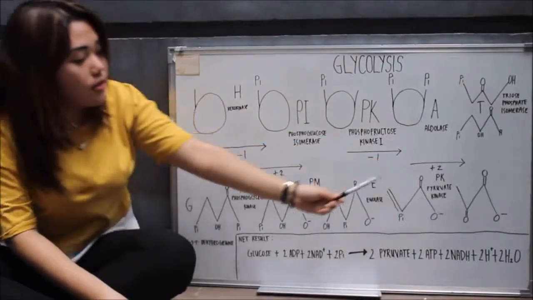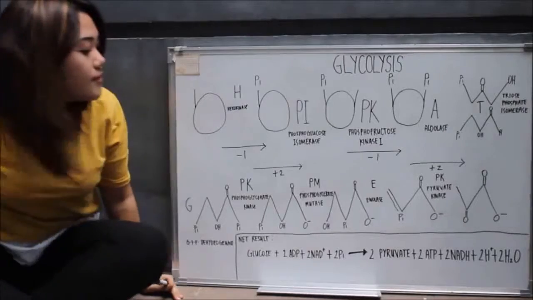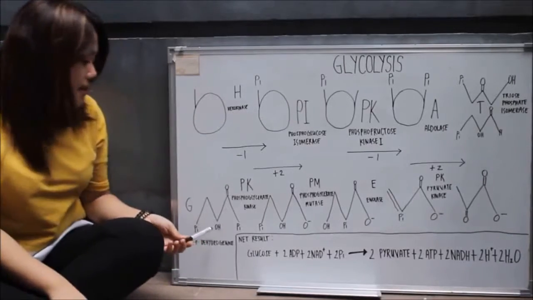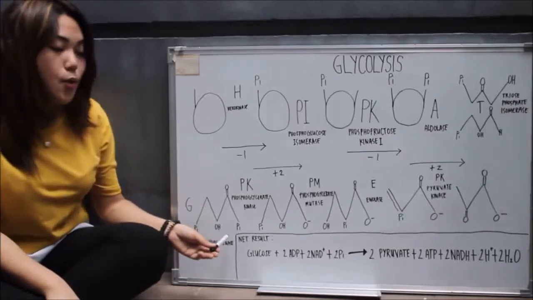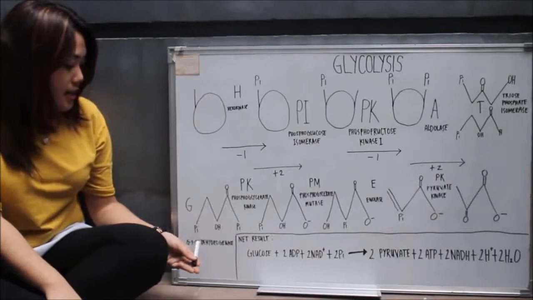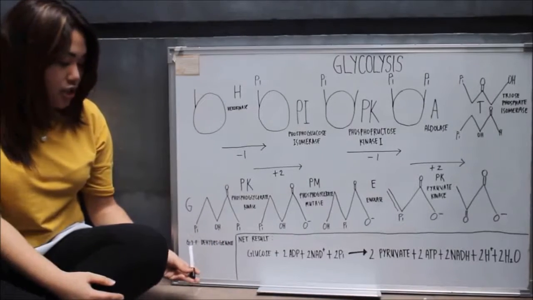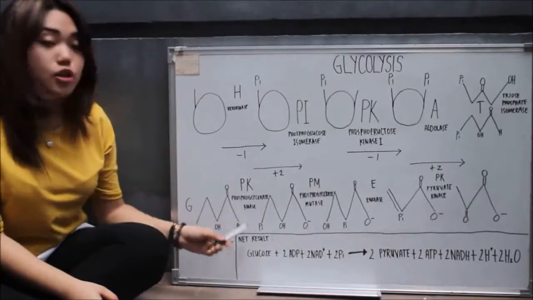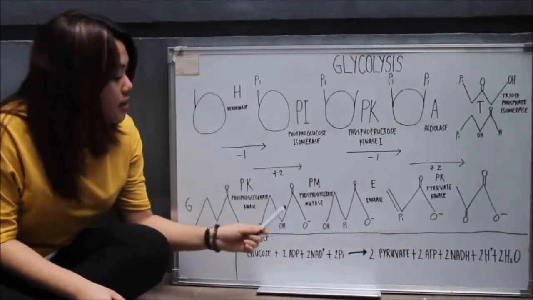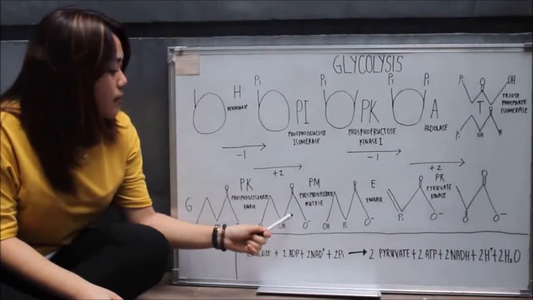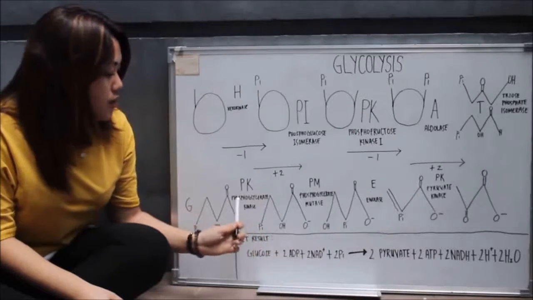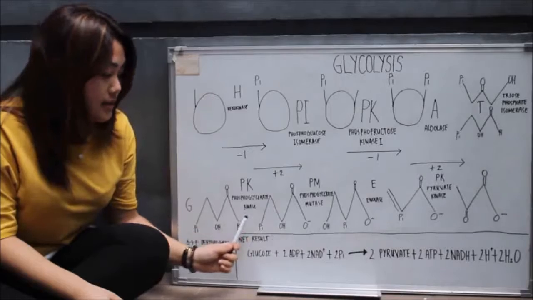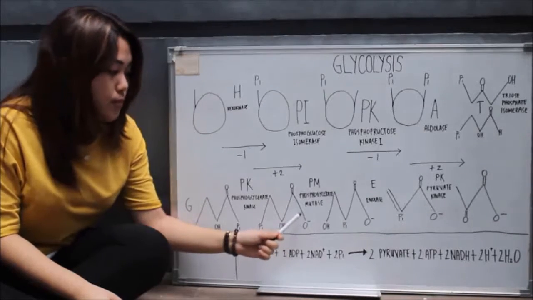So going down here, you can see that the first M has already 1 phosphate group. It is because of the enzyme G3P dehydrogenase, because it charged it, so there will be an additional phosphate group. On the second M, you can see that phosphoglycerate kinase removed the phosphate group.